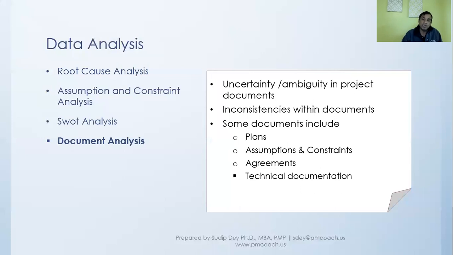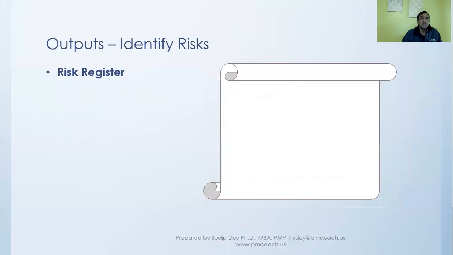So we have looked at data gathering and data analysis. At the end of this, one very important output will be the risk register that we talked about. The risk register will list all the identified risks, and it will also try to identify the potential risk owners, because for each risk that we identify, we have to put an owner to that risk, so that someone is in control, is accountable, and is really on top of it as we move through the project.